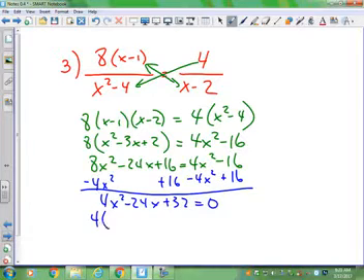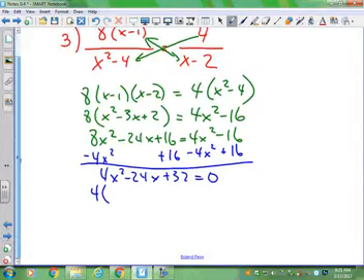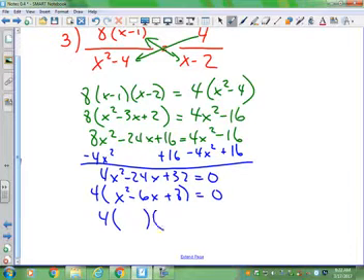I need to take a 4 out because I need to take out the GCF so I can factor this. Now, in looking at my problem, x times x makes x squared, and 4 and 2 make 8, and if they're both negative, they make positive 8, but add up to negative 6. So my answer is 4 and 2.